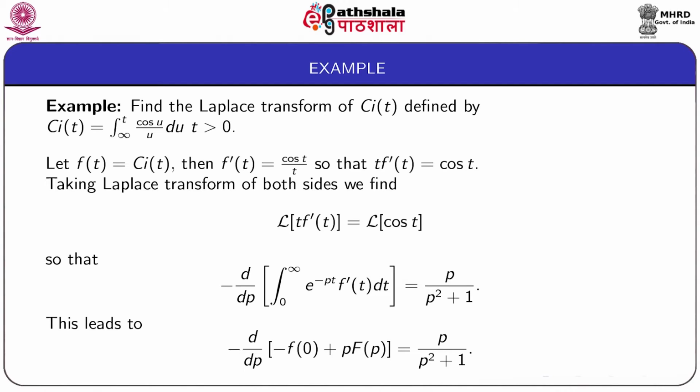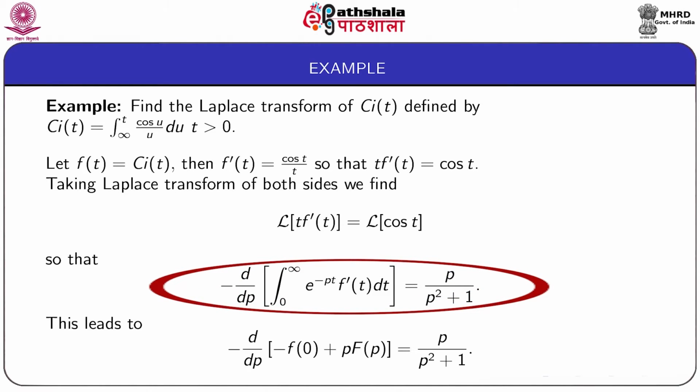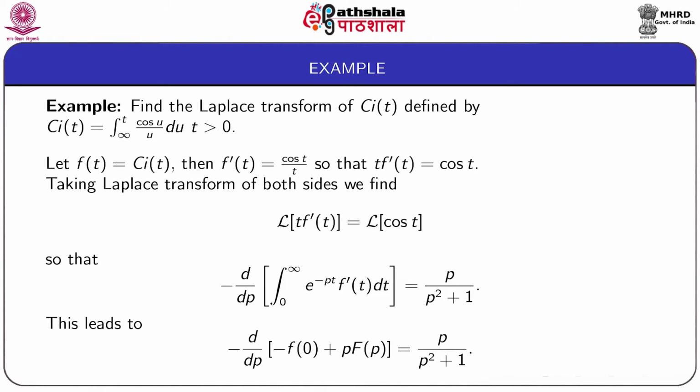So the right hand side becomes p by p square plus 1, and the left hand side, we know from the properties of Laplace transform, is equal to minus d/dp of integral 0 to infinity e to the power minus pt f dash t dt.